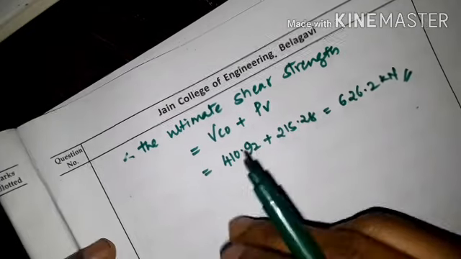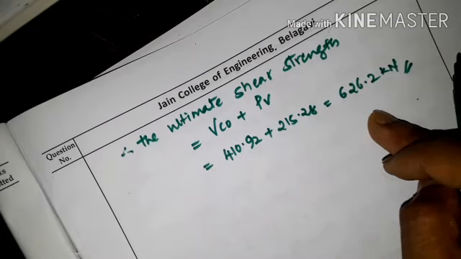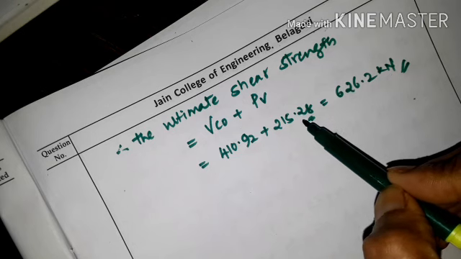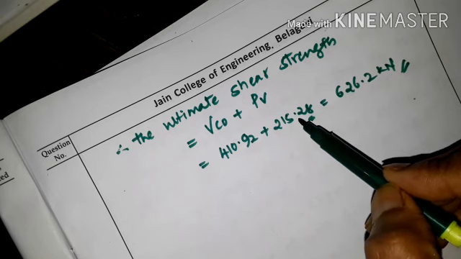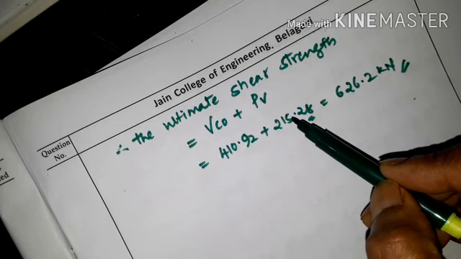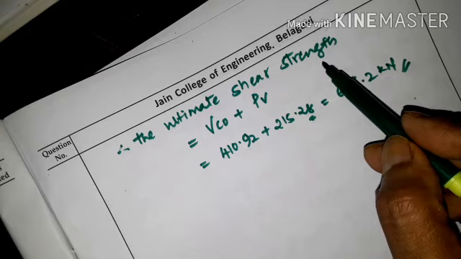So what does it mean? The concrete can resist a shear of 626.2 kilonewton, including the shear resisted by the pre-stressing cable. Because the cable is parabolic, it will also incorporate the vertical component of the cable profile, which increases the ultimate shear strength capacity of the beam.